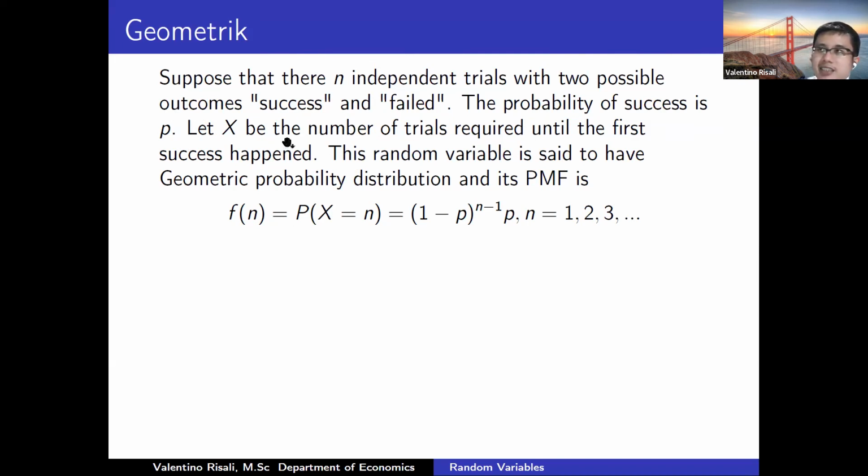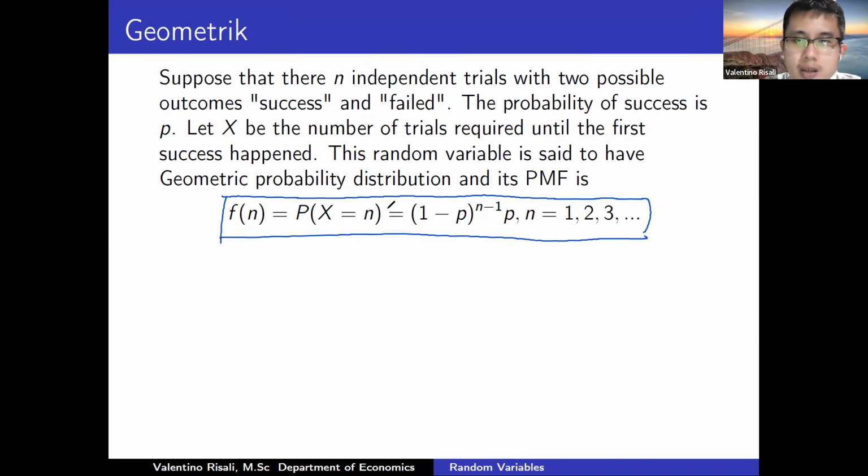For this random variable, you can refer to the very early example, our experiment of tossing 2 coins until we get a head. This random variable is called the geometric random variable, and the PMF is given by this formula.